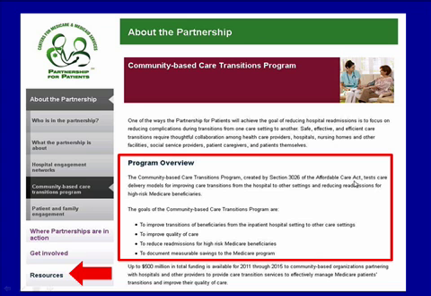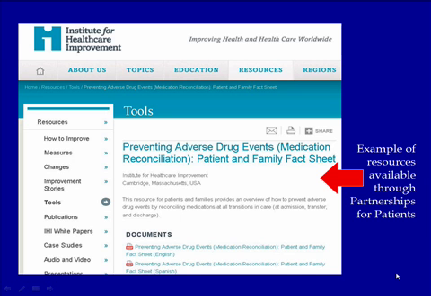So the thing that I wanted just to get out of this particular slide is that there's some information here about the program overview that you can read at that website. And then there's also a link to resources down here next to the red arrow. And I'm just going to show you one example of the tools. Now this one comes out, notice, the Institute for Healthcare Improvement.